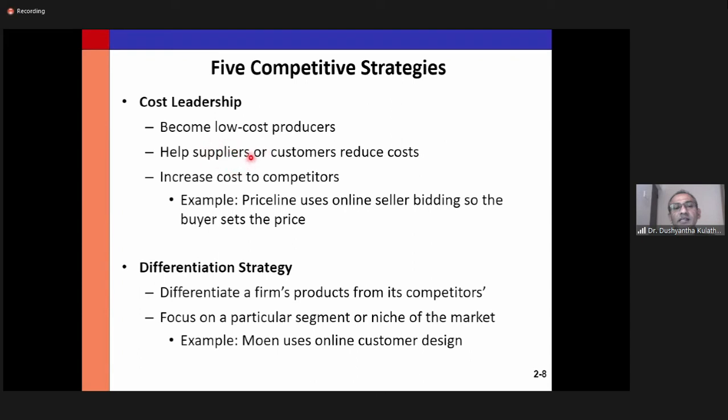Then the suppliers or the customers will be happy and they will continue to do business with this company. That is another strategy they can follow under the cost leadership strategy. And also, if possible, they can think of ways of increasing cost to the competitors. Then the competitors will be in trouble and therefore they will be in a better position.